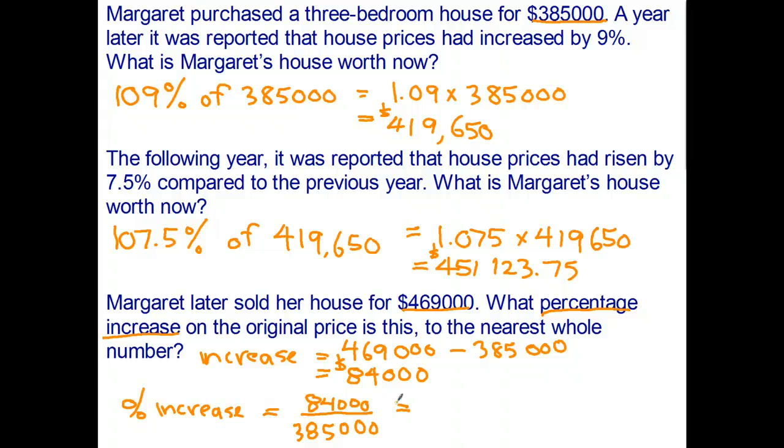That gives me 0.2181, equals, turning that into a percent, 21.81%. And the question does say to the nearest whole number, so that rounds off to a 22% increase.